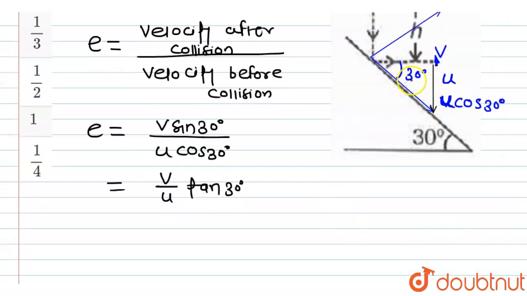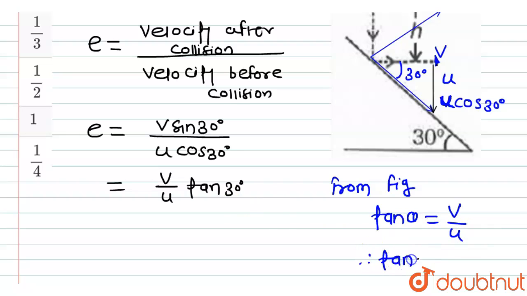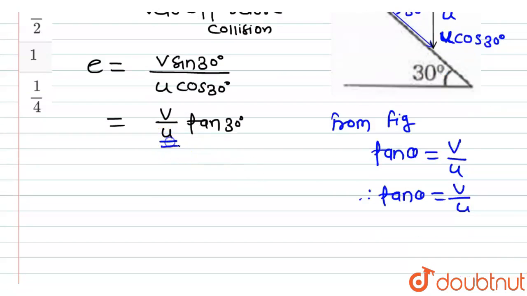Now here from this triangle we can say that from figure tan theta will be equal to opposite side divided by adjacent side, that is v divided by u. And here theta is equal to 30 degree, therefore tan theta will be equal to v by u. Now we can replace this v by u by tan of 30 degree.